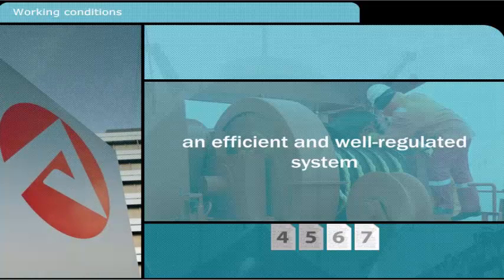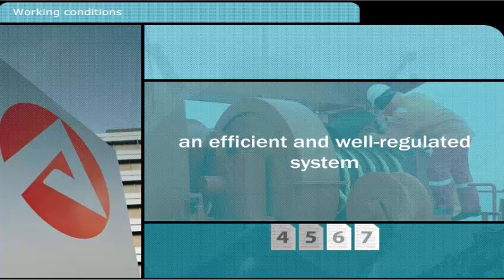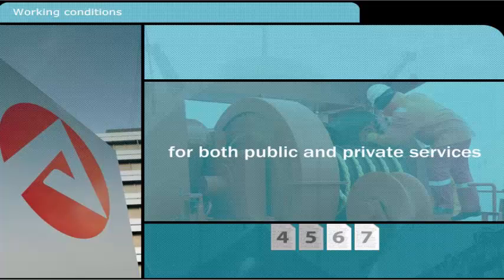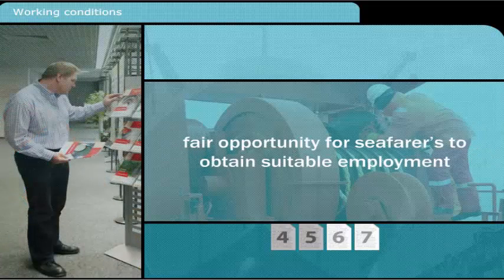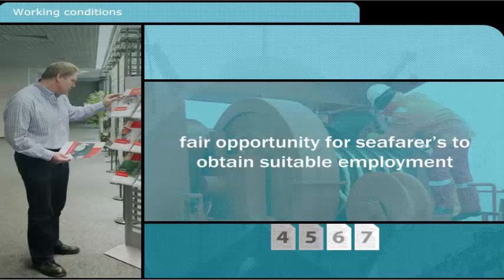The requirements for the status and operation of recruitment and placement services are covered by Regulation 1.4, the purpose of which is to ensure that seafarers have access to an efficient and well-regulated seafarer recruitment and placement system. This regulation lays out all the conditions that must be met by a recruitment and placement service for both public and private services.